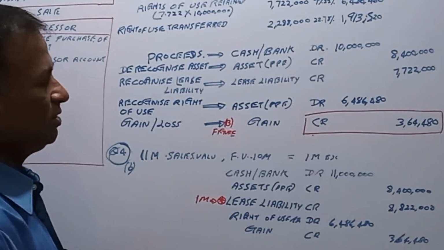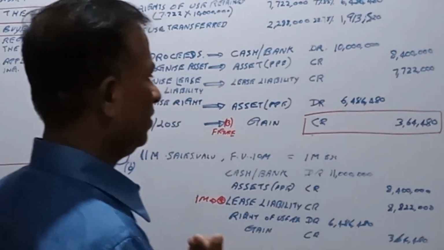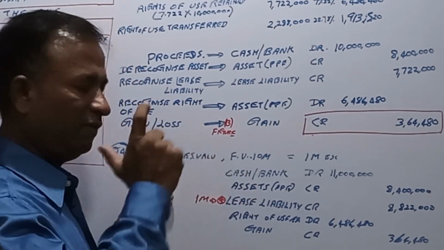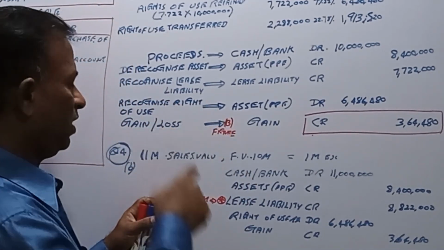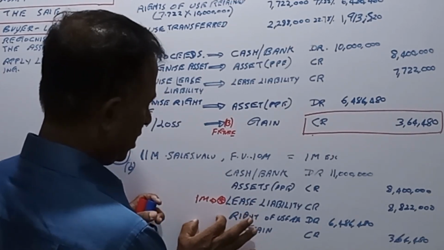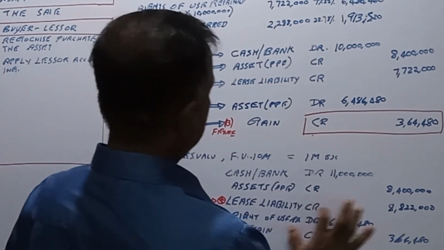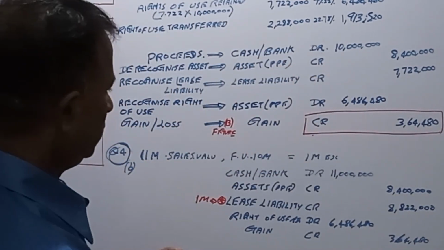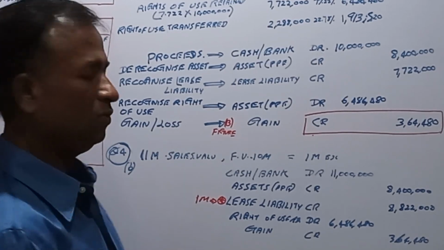And if it is sold above the fair value, then you have to calculate the difference between the fair value and the sales value and add it to the lease liability. So I have shown every way to make it easy to understand.